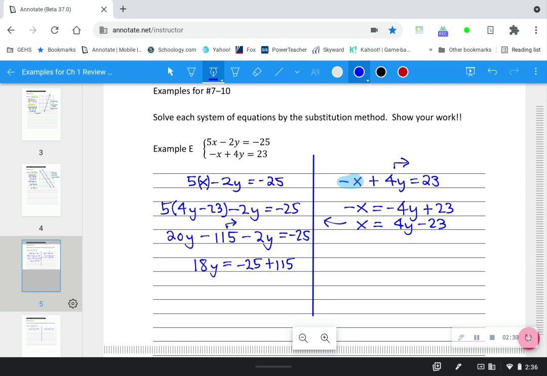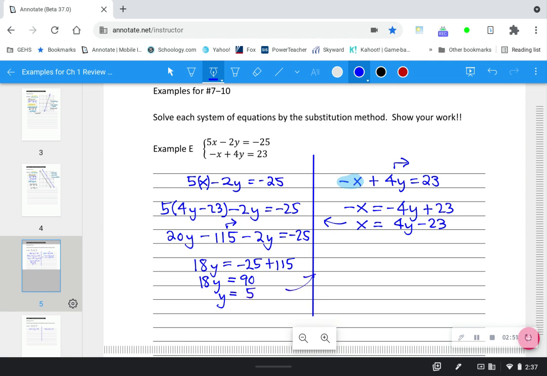And 115 minus 25 is 90. So we'll divide both sides by 18. And that takes us to a y value of 5.